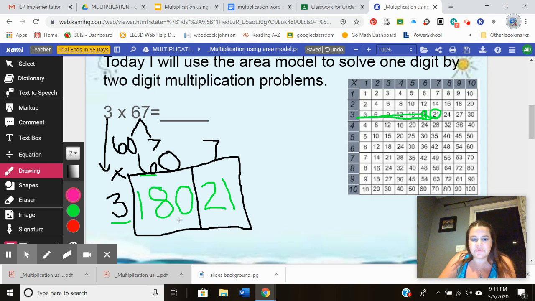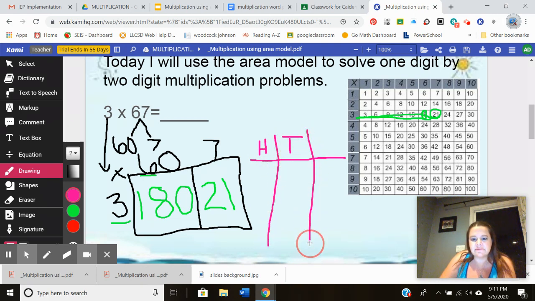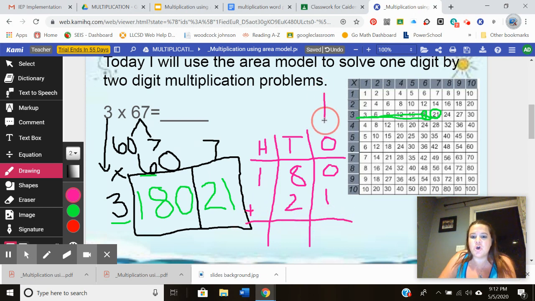So it's easier for me. I notice I have a 3-digit number, so I'm going to write my hundreds, my tens, and my ones. Now I'm just going to copy this number over: 180, and then 21. And then I'm just going to add this up. I always start in the ones place. So I have 0 plus 1 is 1.